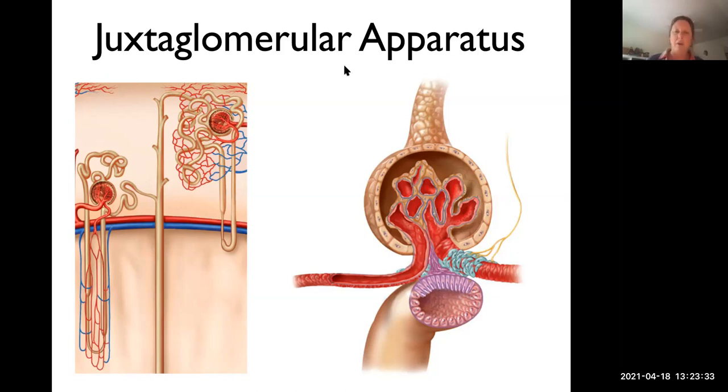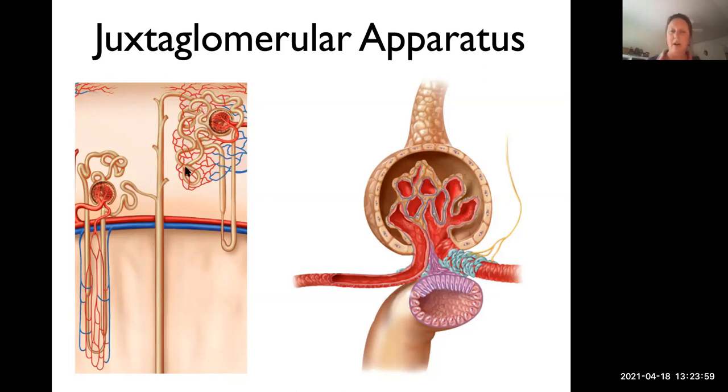Now, you may have noticed in all of the pictures that we've looked at of various nephrons that we have the glomerular capsule, the proximal convoluted tubule, the nephron loop, and the nephron loop always comes back and touches, joins where the afferent and efferent arteriole before it leads into the distal convoluted tubule.